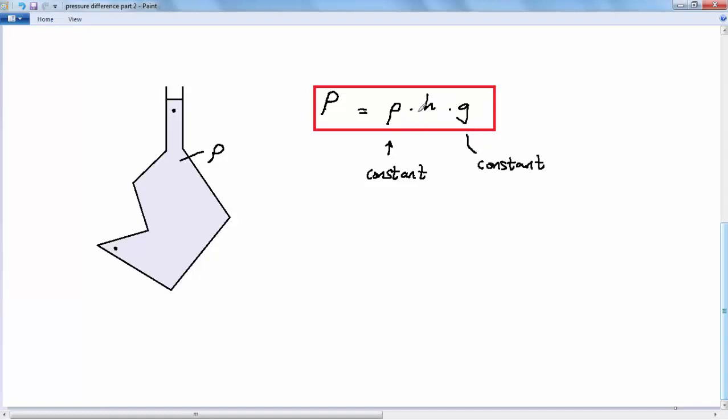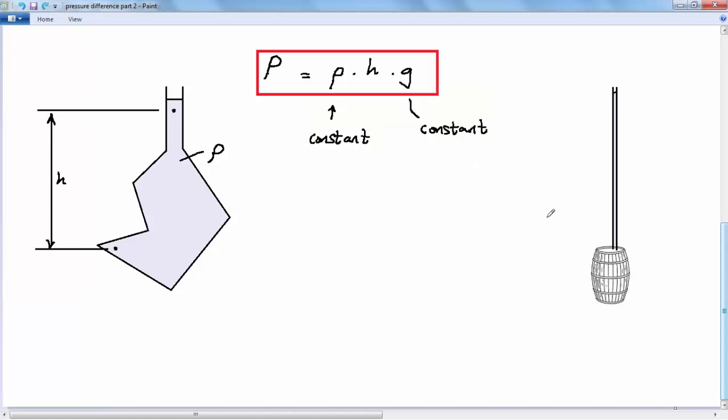And so the only variable is the height difference between those 2 points. That's the only thing we need to measure. So providing we know the height difference there, we can calculate the pressure. It doesn't matter what shape the container is.